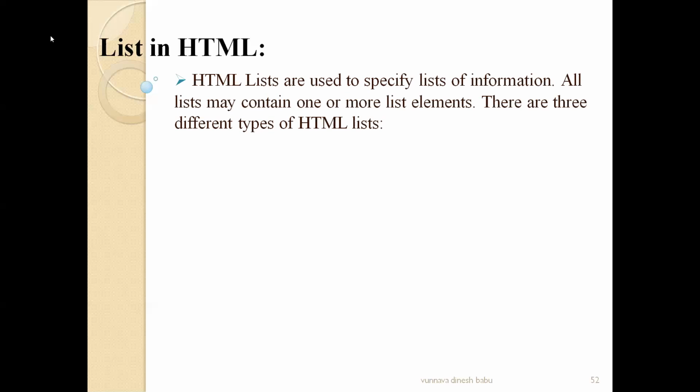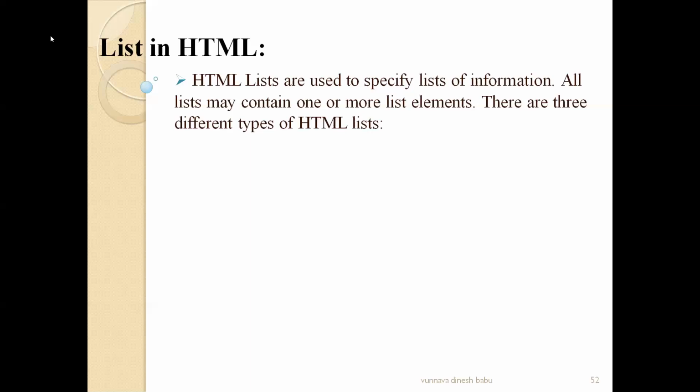So this list of information is provided on the web page by using the li tag. All the lists may contain one or more list elements. There may be one element or more than one element, and there are three different types of list. So these HTML lists are divided into three types.